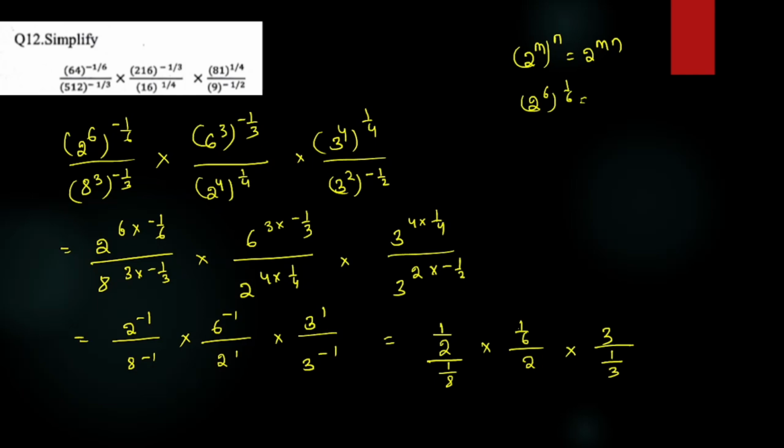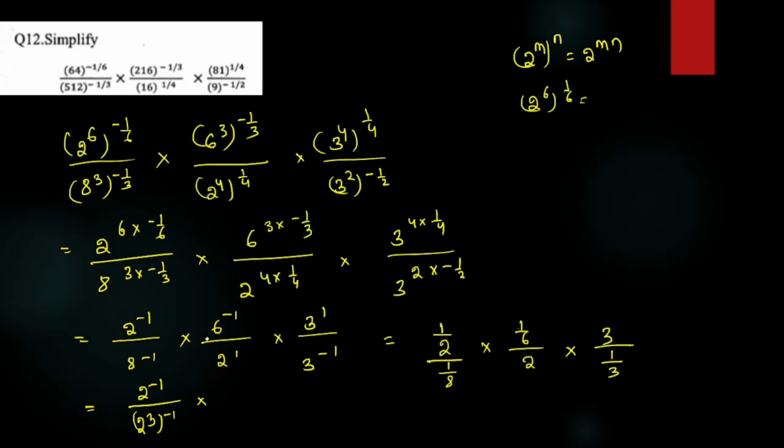Or you can solve by the other method. How to solve? Now 2 to the power minus 1 divided by 2 to the power 3, 8 can be written as 2 to the power 3 to the power minus 1, yes or no?